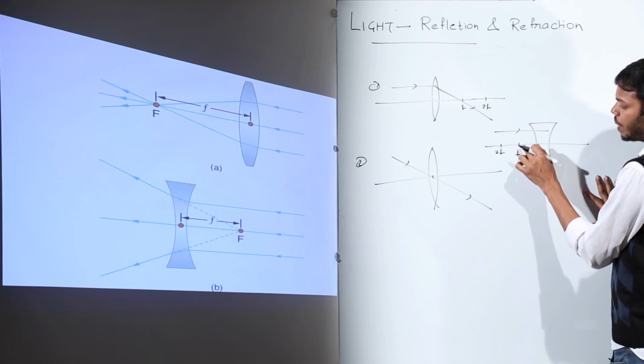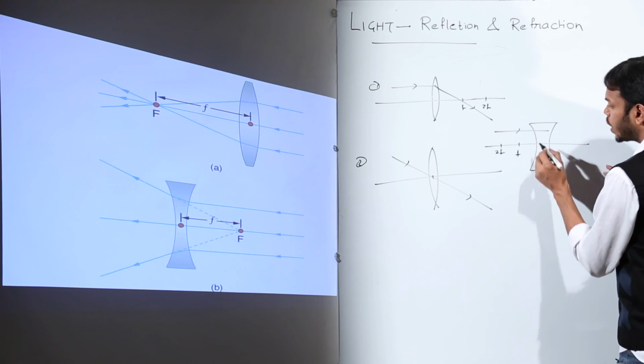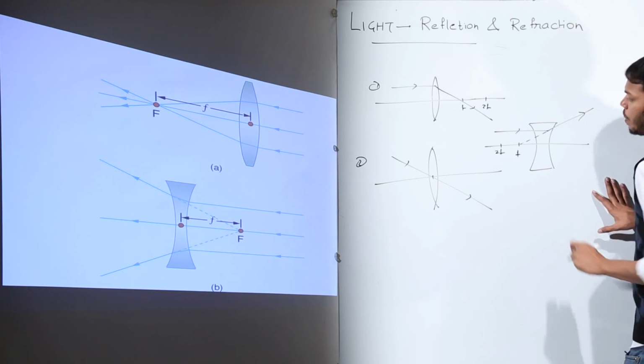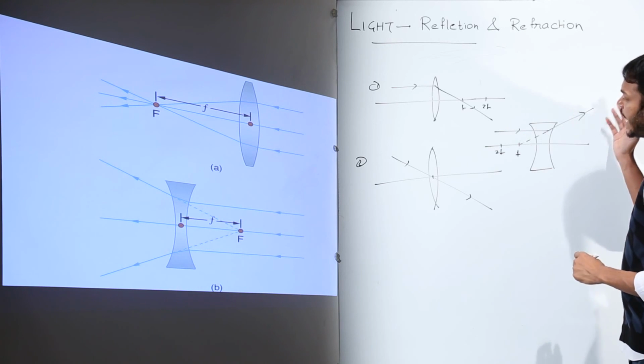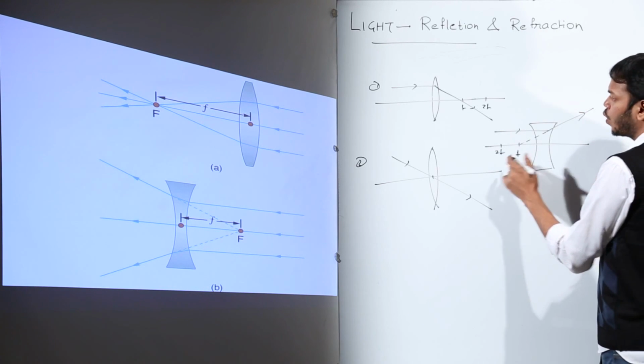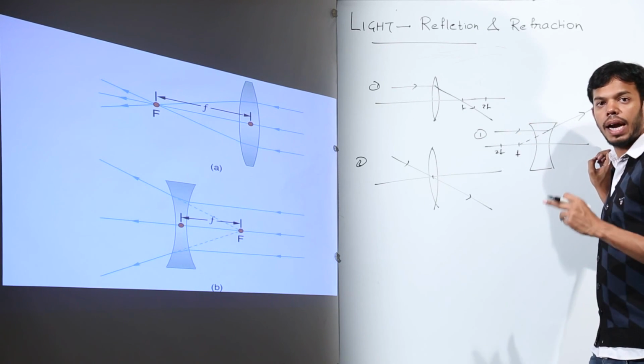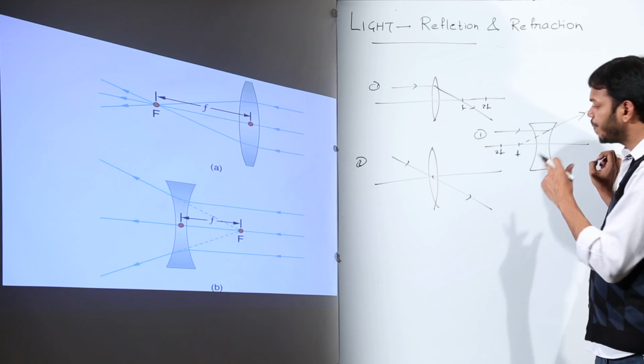So this ray has to pass through this side, that means it is going to do that virtually. Extending this part, normally this ray will go straight on that side, but it will appear to be coming from the focus. So the first ray remains the same: the ray which is coming parallel to the principal axis will pass through the focus.